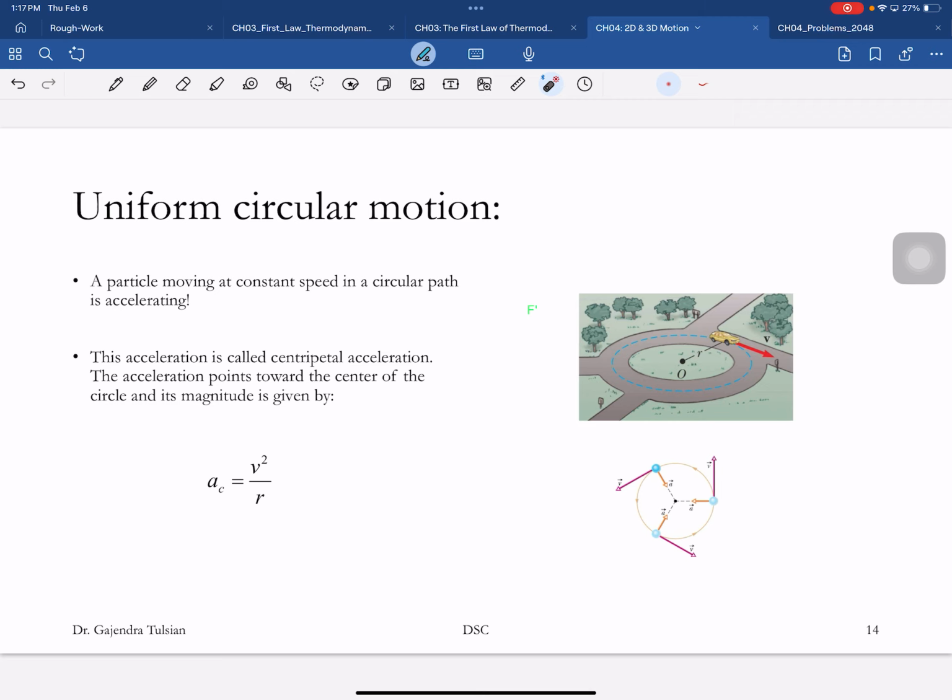Yes, you're right, it is pointing towards the center. When only the speed changes, then the acceleration is tangential to the trajectory. So when only direction changes, the acceleration is perpendicular to the trajectory and pointing towards the center, and that's why it's called centripetal acceleration.